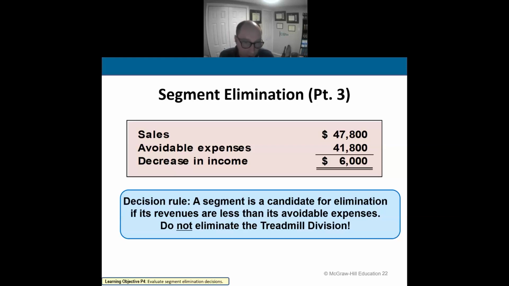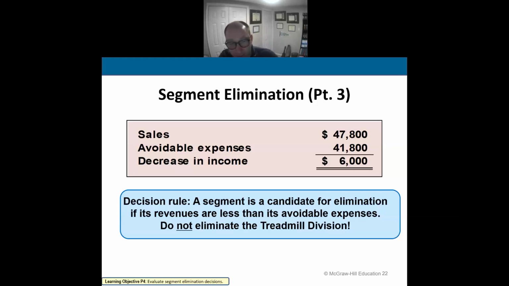So do we eliminate the treadmill division or not? What do you think? Should we stop making treadmills or keep making them? What do you all think? And then I'm going to ask you why.